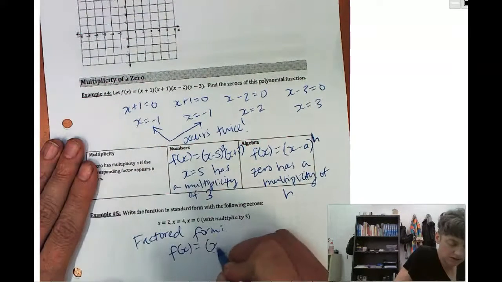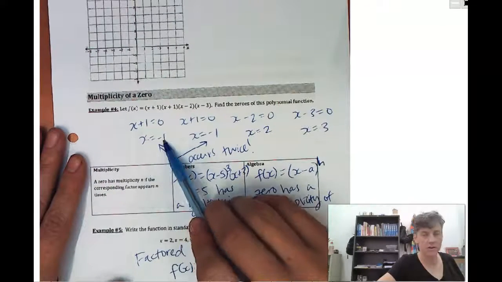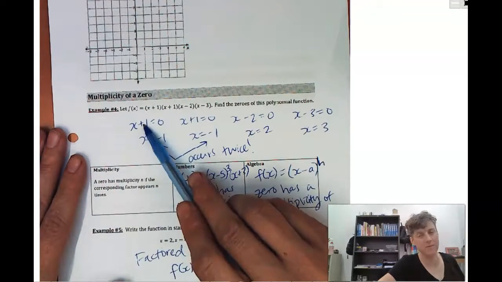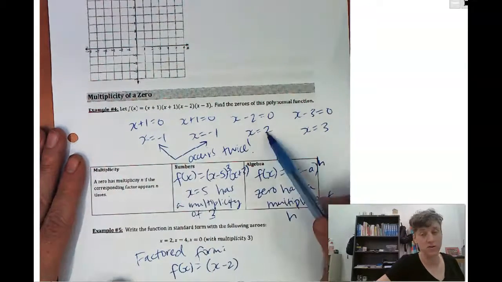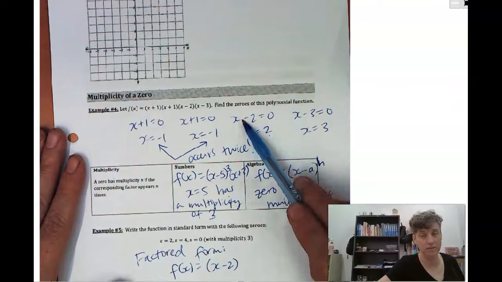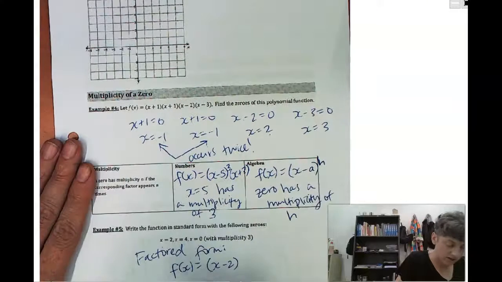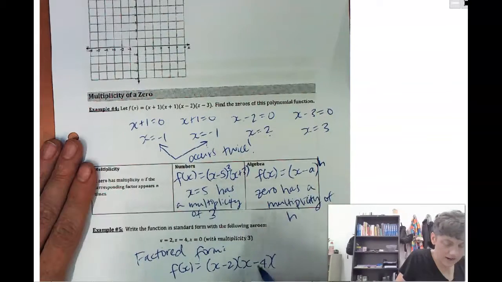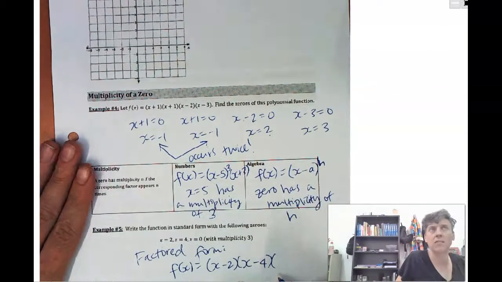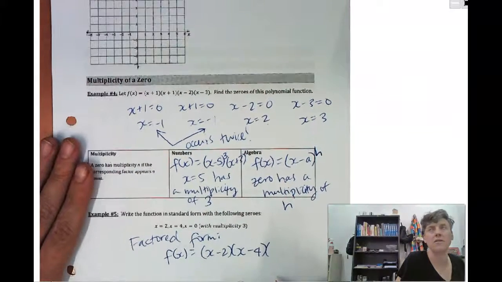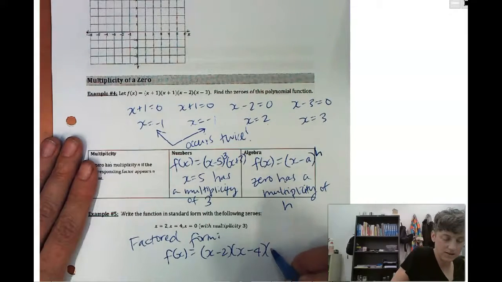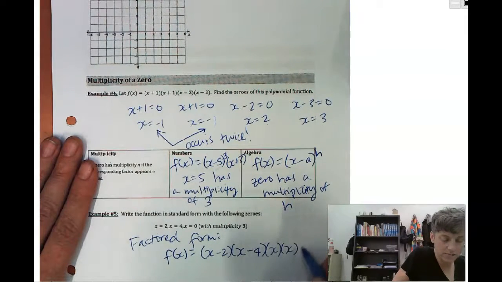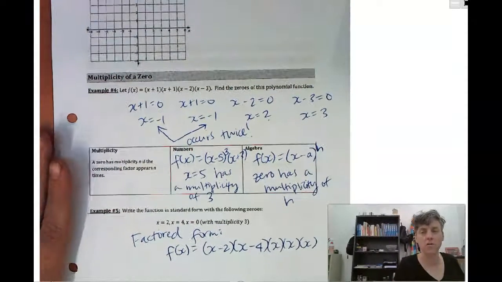If our 0 here was at negative 1, our factor came from x plus 1. If our 0 was 2, our factor is coming from x minus 2. So we've got a factor at x minus 2, a factor at x minus 4, and a factor at x minus 0. Minus 0 is nothing, so we can leave that as just x. But there's 3 of them.